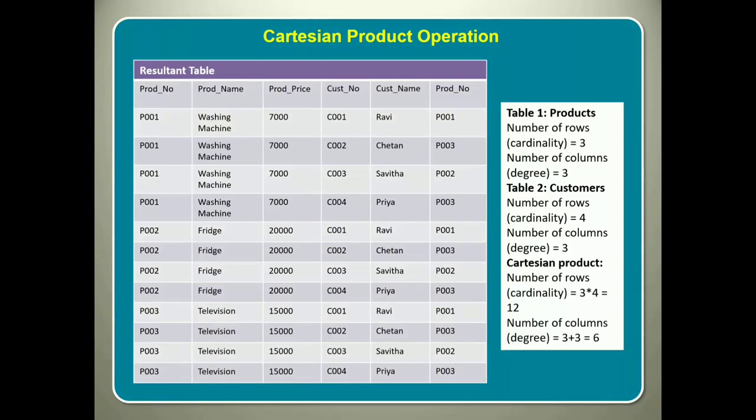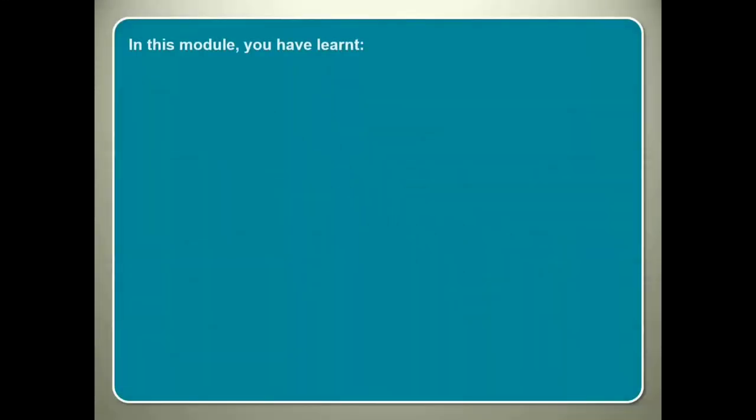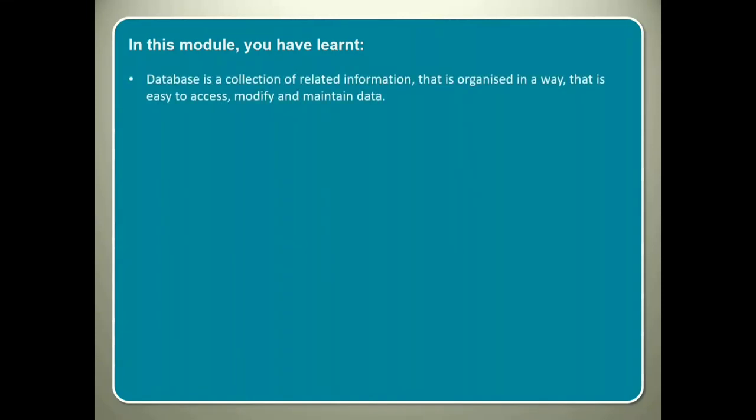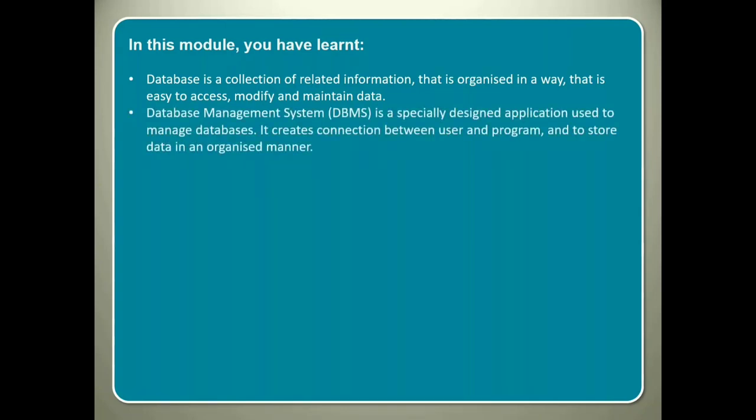In this module, you have learnt: Database is a collection of related information that is organized in a way that is easy to access, modify, and maintain data. Database Management System (DBMS) is a specially designed application used to manage databases.